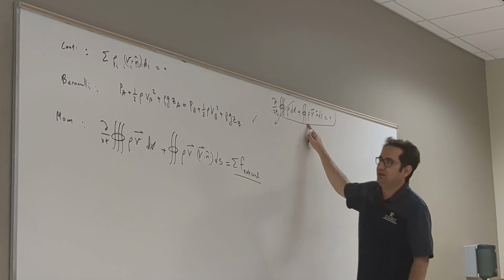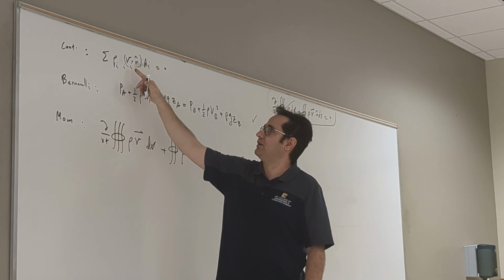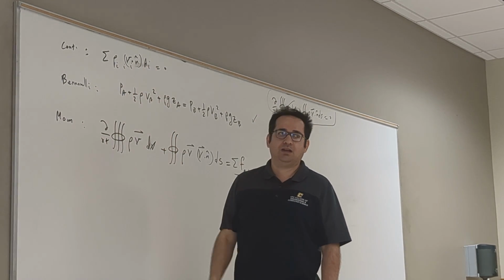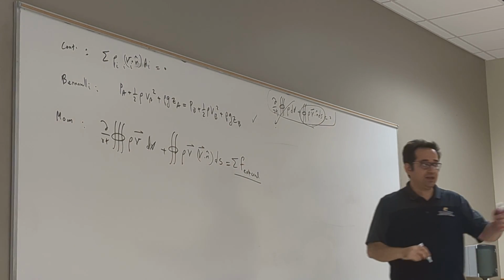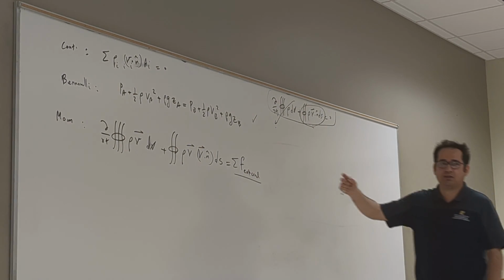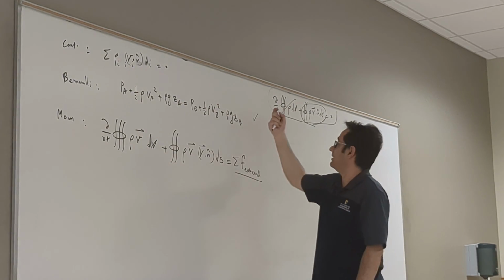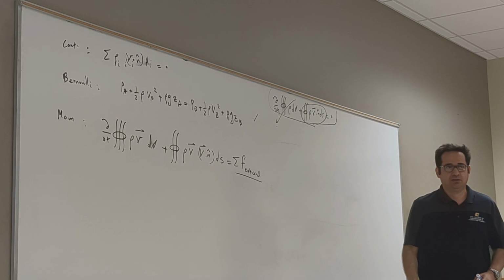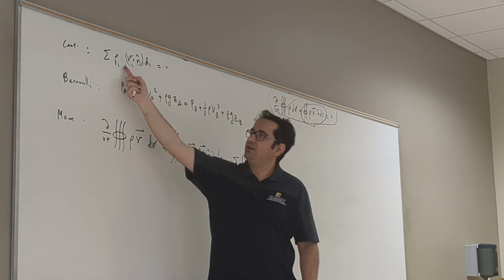So I get that, and I expand it with the sum over faces of rho i, v dot n, A i equals zero. That's exactly this term. Because in the next midterm, I'm going to ask you to do these things. You can't just memorize this equation in the appendix. You really need to understand how this equation is obtained from the general form. All right? Now, in this case, can I even simplify this a little bit further?